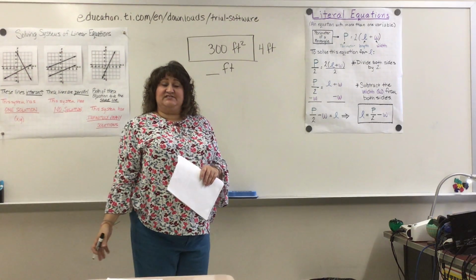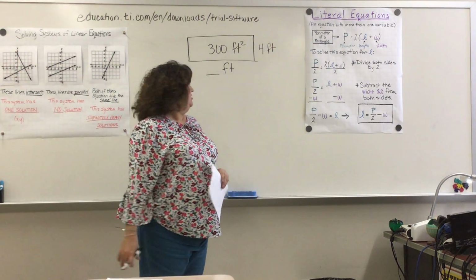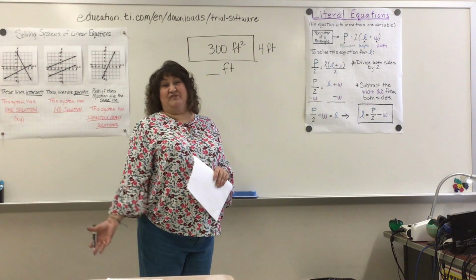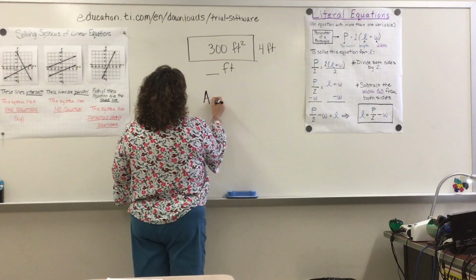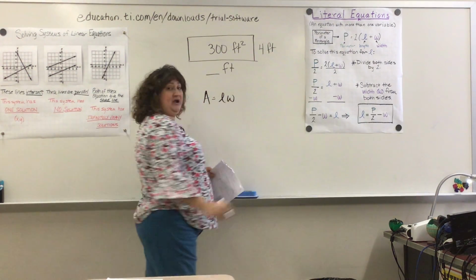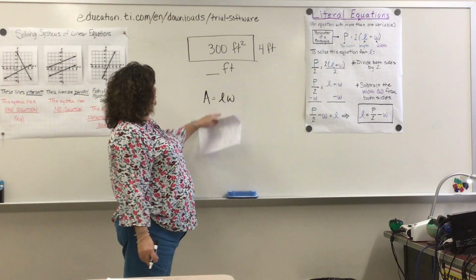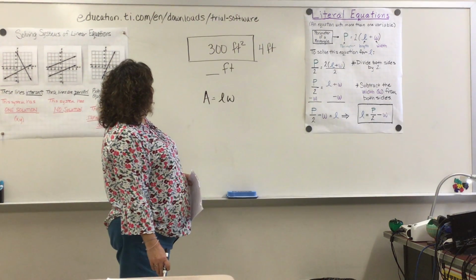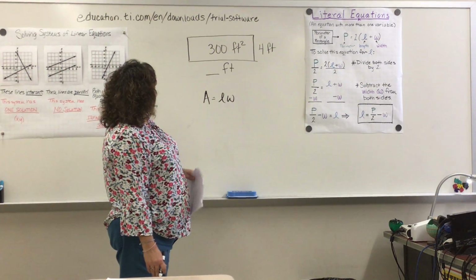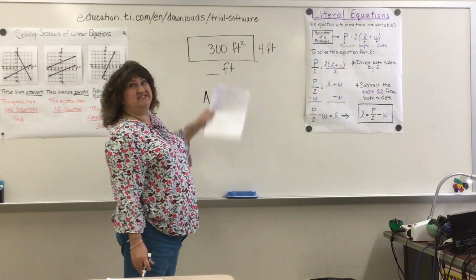So first thing you have to realize is that we're looking for how much something covers. So we're looking for area. Now that was pretty easy. We know that's one of the first areas we learned. So that's just area equals length times width, right? Well, I have the area, and I have one of the lengths, so I'm looking for another length, or another width. So I'm going to get rid of one of these, so I can solve for this missing side.